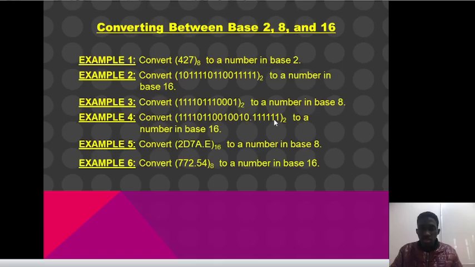Convert this to a number in base 16. So we have 1111, that's 4 ones, 01100, 10010.11, that's 6 ones, 111111 in base 2, to a number in base 16.